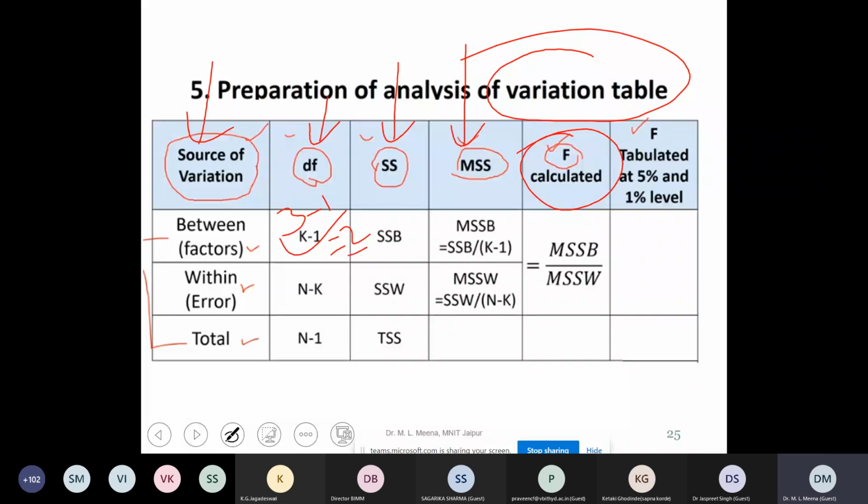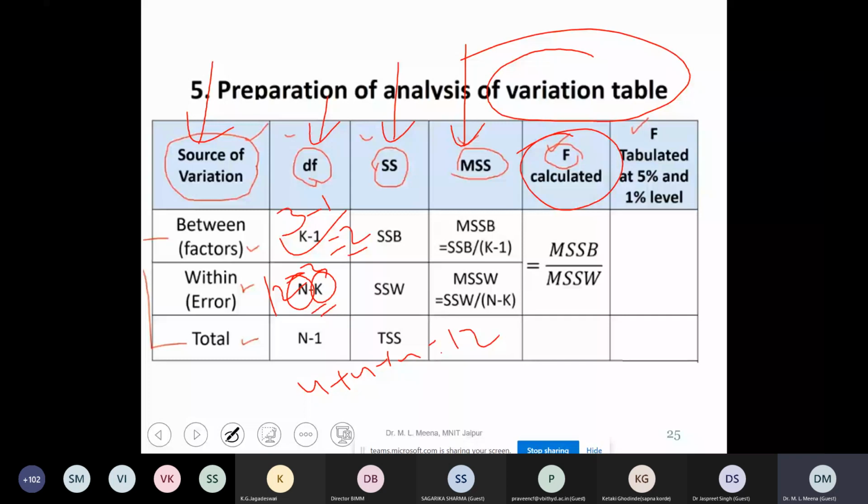Within groups, it is n minus k. K is the number of groups, and n is the total number of observations. In our problem, the total is 4 plus 4 plus 4 equals 12, and k is 3. So the degree of freedom within groups is 9.